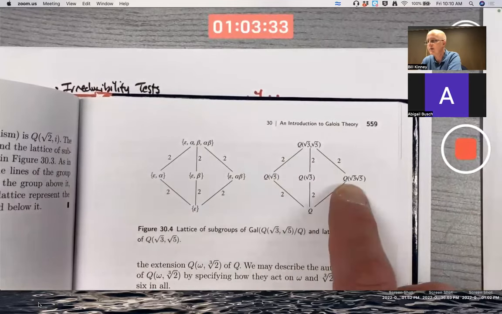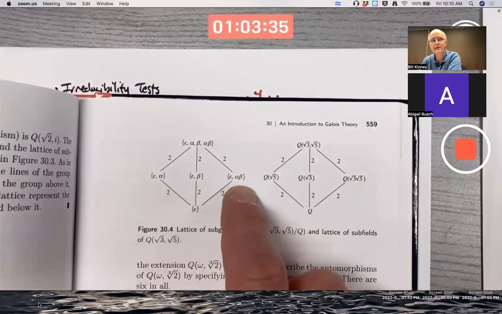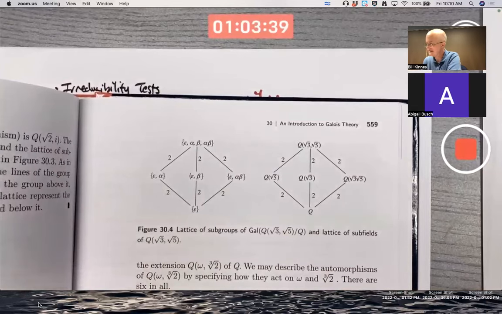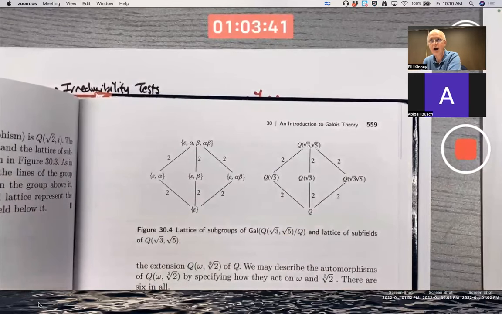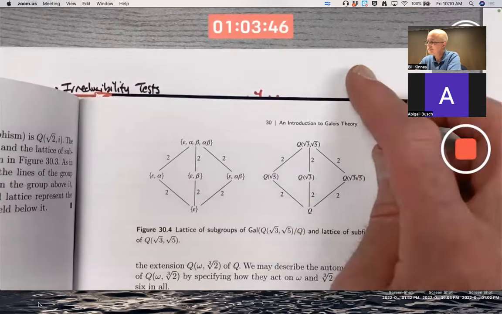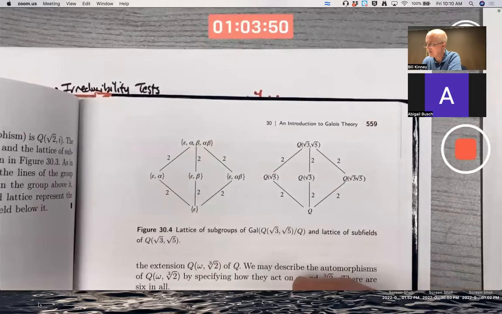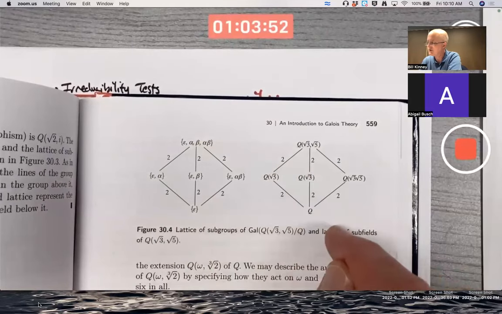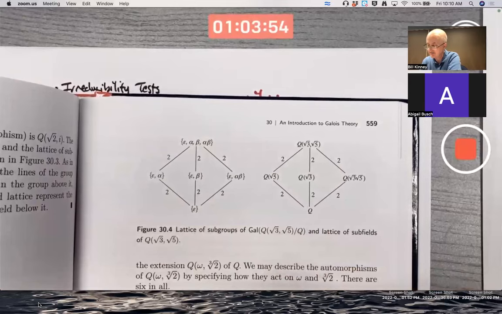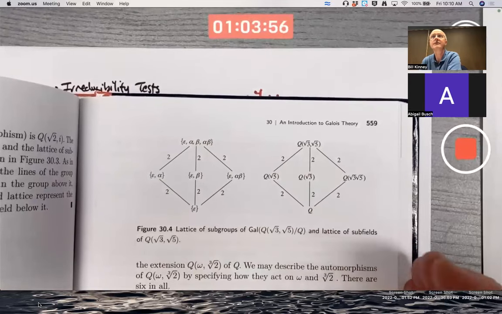And the ones that are in the middle correspond to fixed fields of these subgroups. Read details of the example to help you understand how that all works out. The numbers over here correspond to indices of the subgroups in the bigger group. The numbers over here correspond to degrees of the field extensions. And those numbers match.